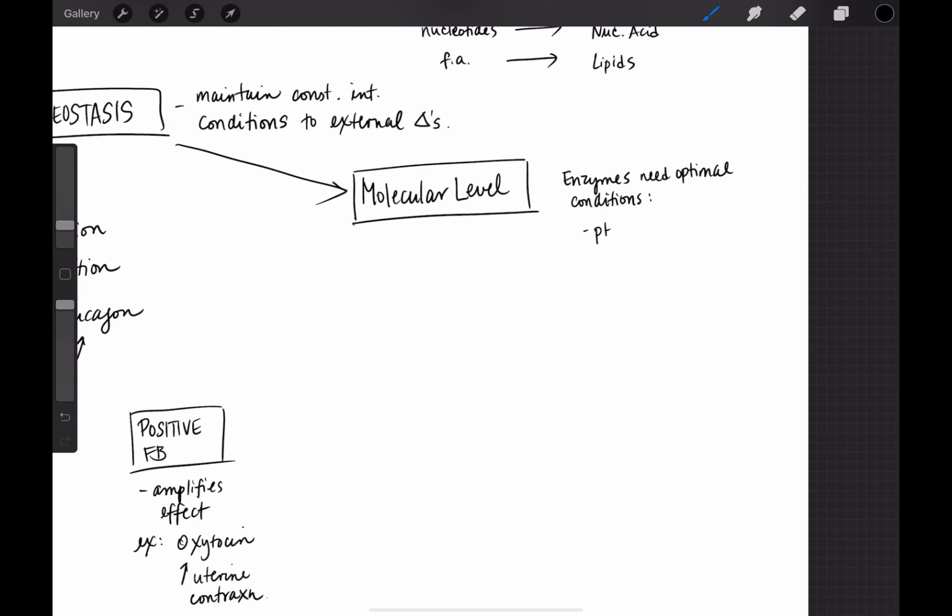Some of the key conditions we looked at over and over throughout the year are pH, temperature, and ionic conditions. So each enzyme works optimally at a specific range. And if you change that range, that can change the structure of the enzyme in such a way that it denatures them and they're no longer functional. They can't bind the substrate.